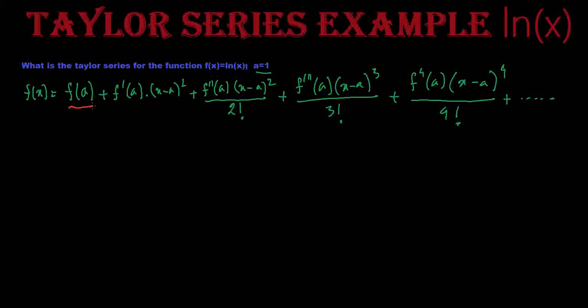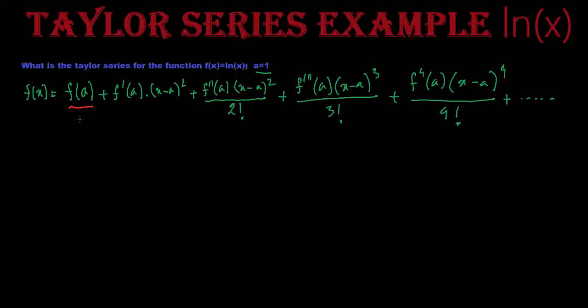So here we can see in the first term, f of x is not differentiated at all with respect to x, which means we have 0 differentiation here. And there is no x minus a, that means the power of x minus a equals 0.